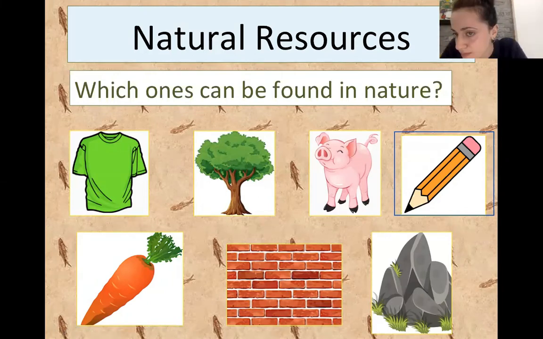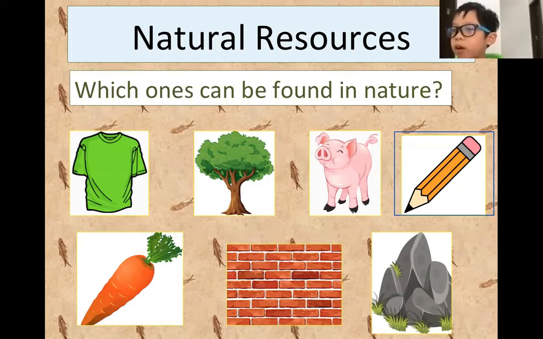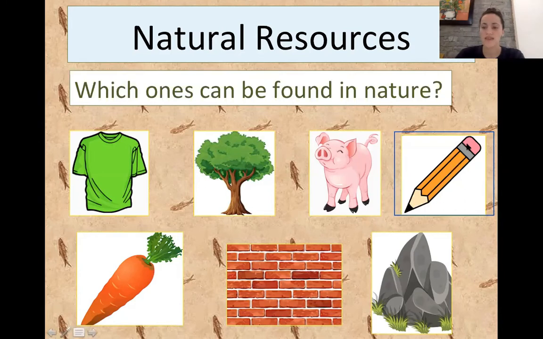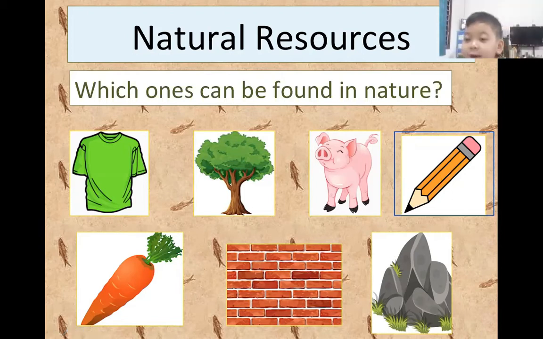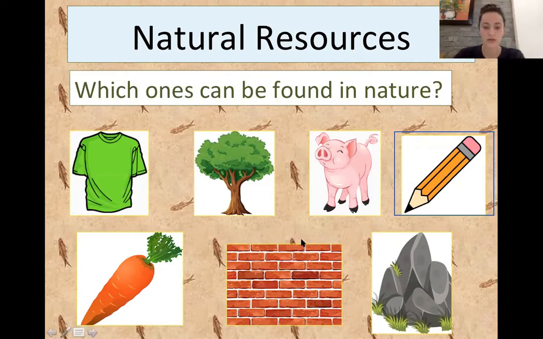A pencil made out of stone. Out of stone? Maybe this metal part right here, this metal could be metal or stone. There's one natural resource. George, can you give me more natural resources that make a pencil? Wood. Wood, very good. Wood from trees, excellent job.